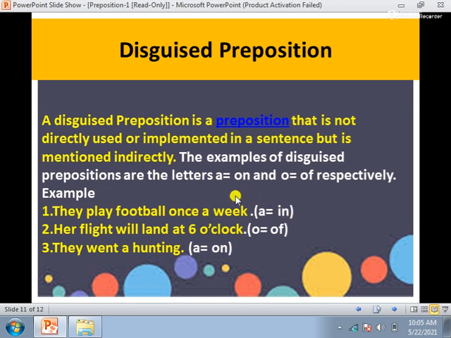A can mean two things, that is in or on. So the full sentence will be, they play football once in a week. Her flight will land at 6 o'clock. O'clock, O means of, six of the clock. They went a hunting, A means on, they went on hunting. So they are actually disguised prepositions because they have been shown in an indirect way, and here A means in or on and O means of.